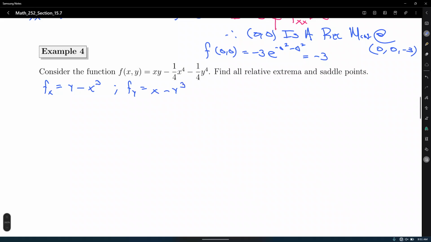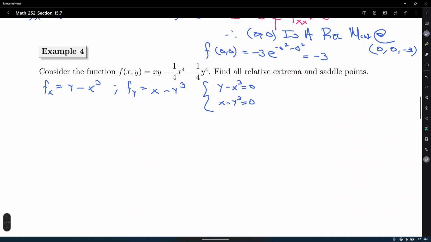So that is going to be our first partial derivatives. I'm not going to take the second partials yet. First, I'm going to find the critical points. So we set the following system of equations: y minus x cubed equals 0, x minus y cubed equals 0.